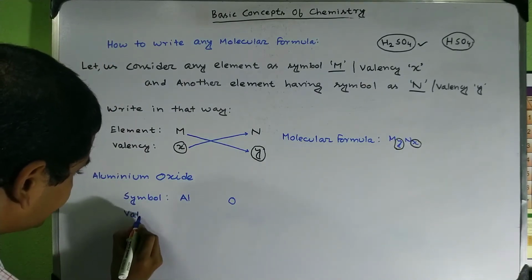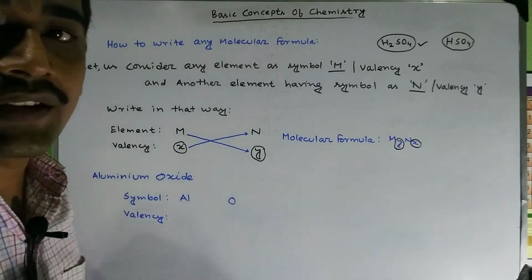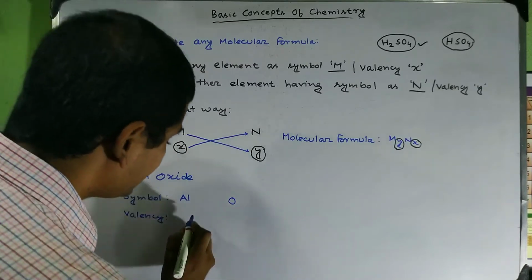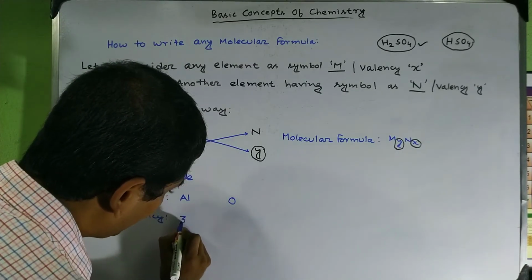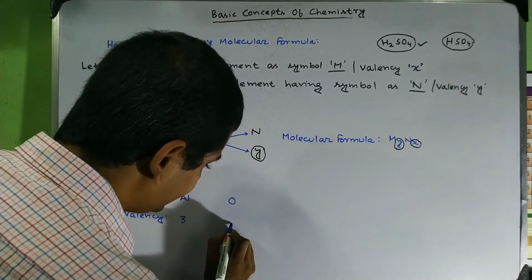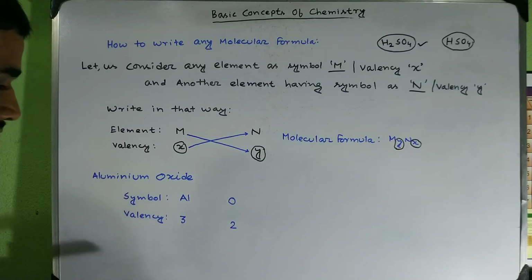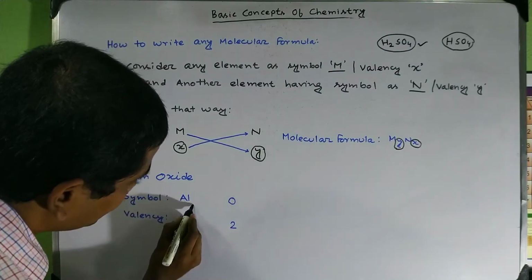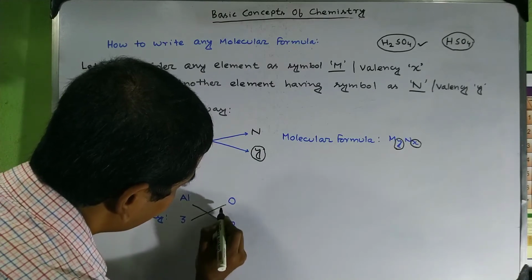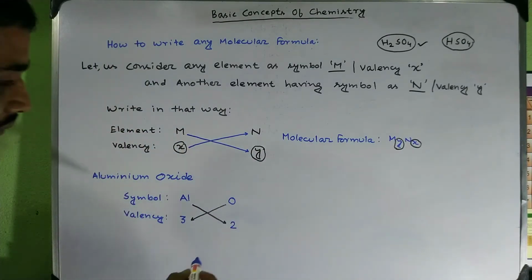What is the valency of aluminium? The valency of aluminium is 3 and the valency of oxygen is 2. Now they are interchanged. Look what happens.